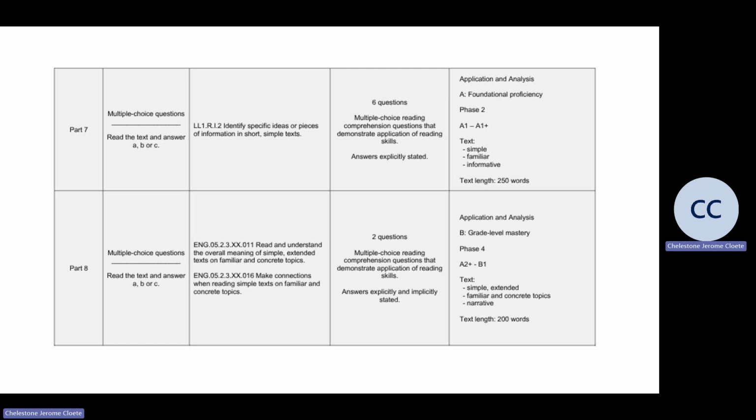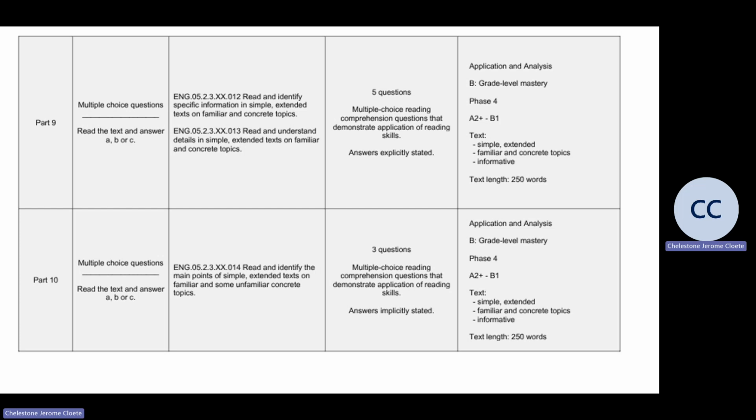This is at level. In part 9 also, multiple choice, 5 questions, also at level reading comprehension questions. And then lastly, part 10, 3 questions, multiple choice reading comprehension, also at level. So this is the outlay of your examination that you can expect. All right, thank you.